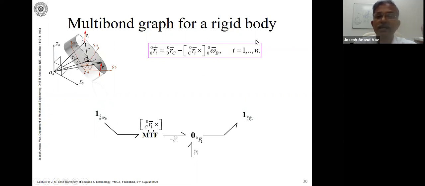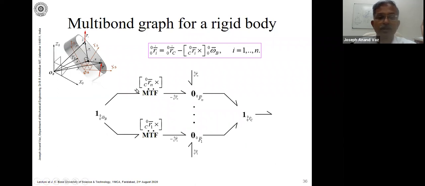So this kinematic relationship is taken care of for the point 1. In the same way, you can do it for all the other points. Let's say you have the point n. The velocity of the point n is equal to the velocity of the center of mass minus r cross omega. You can assign the inertia on this kinematic structure.